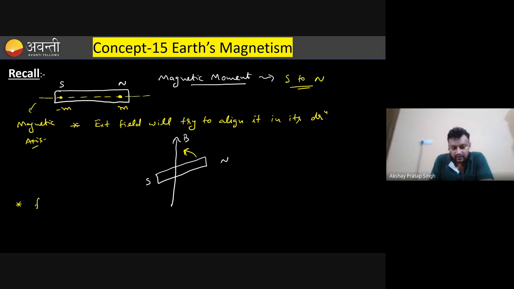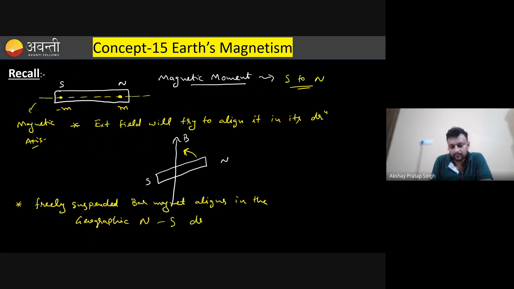So a freely suspended bar magnet aligns in the geographic north and south direction. Is this point clear?